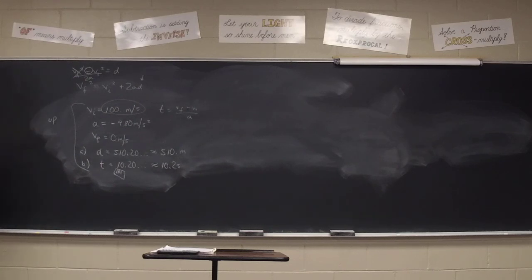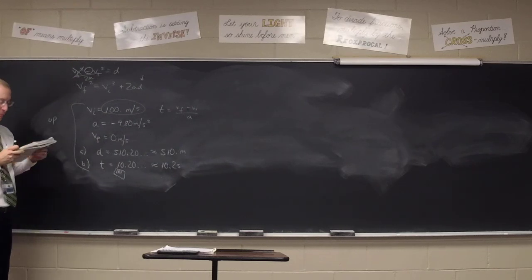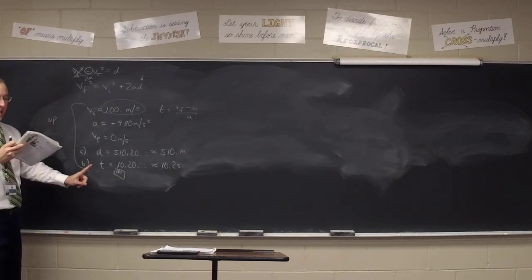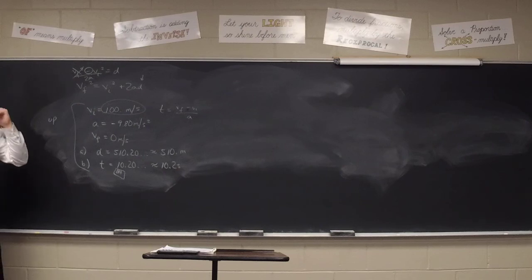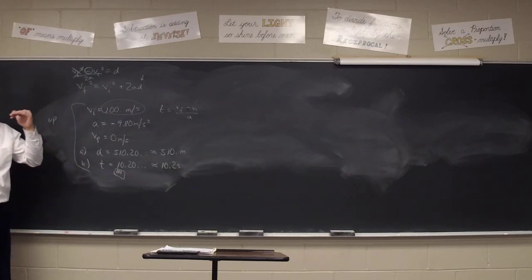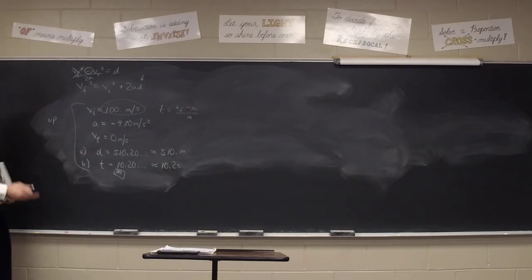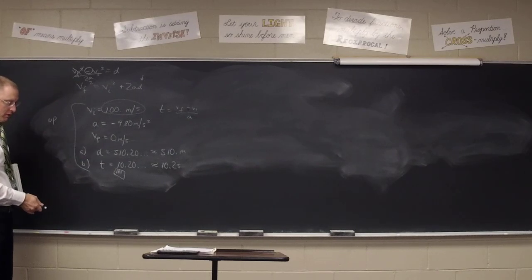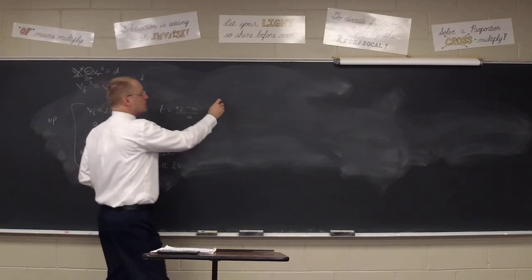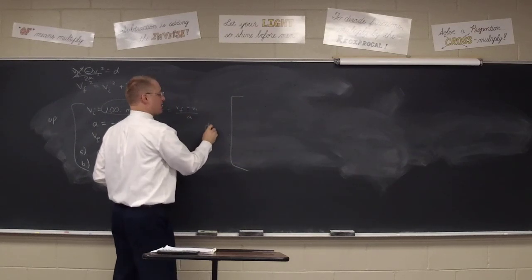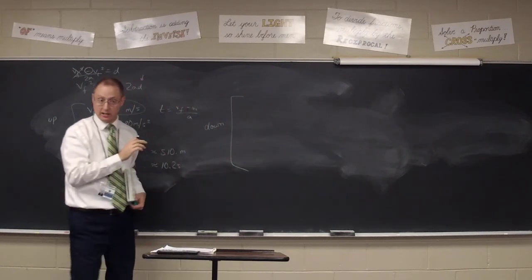Letter C. How much time will elapse between its release and its return to its starting point? Again, this is ignoring windage, ignoring rotation of the earth and how that might affect things. It's just straight up, comes straight back down again, okay? And so think about it. Once it reaches the high point, it now has to make a trip back downward, correct?